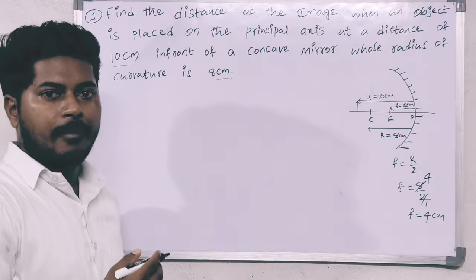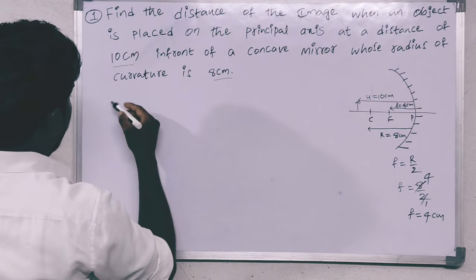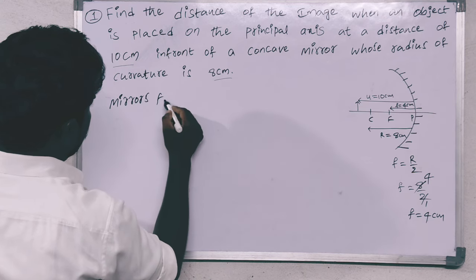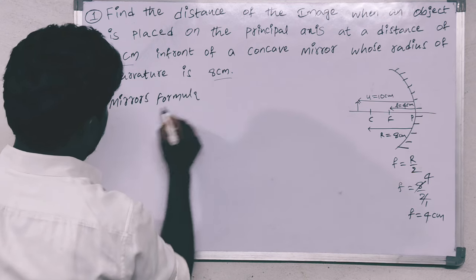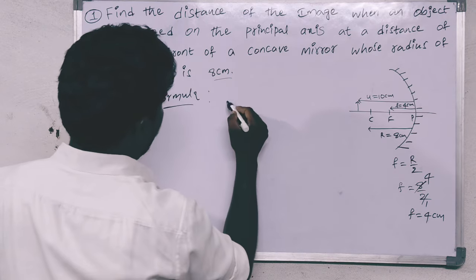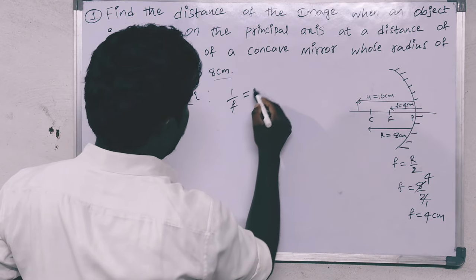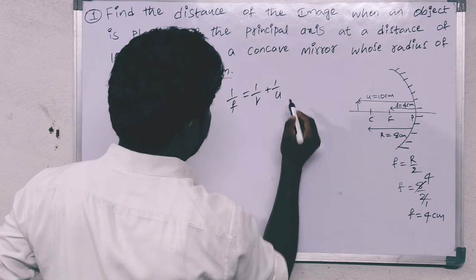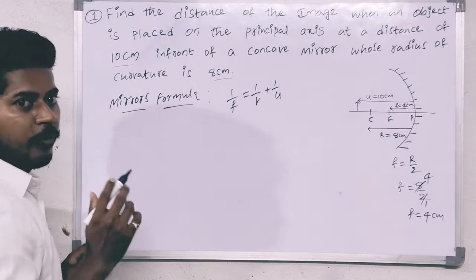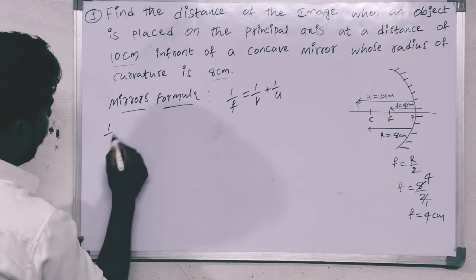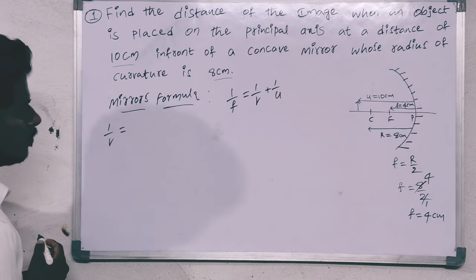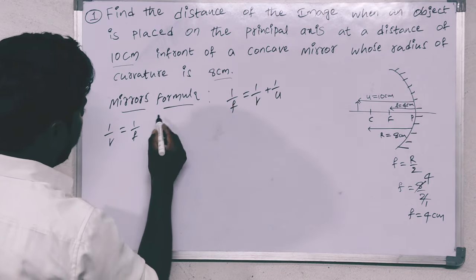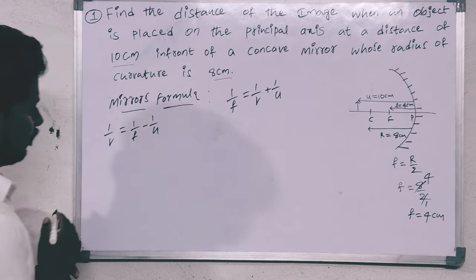So we know the mirror formula: 1 by focal length equals 1 by image distance plus 1 by object distance. We have to find image distance. 1 by V equals, bring this side, 1 by F minus 1 by U.